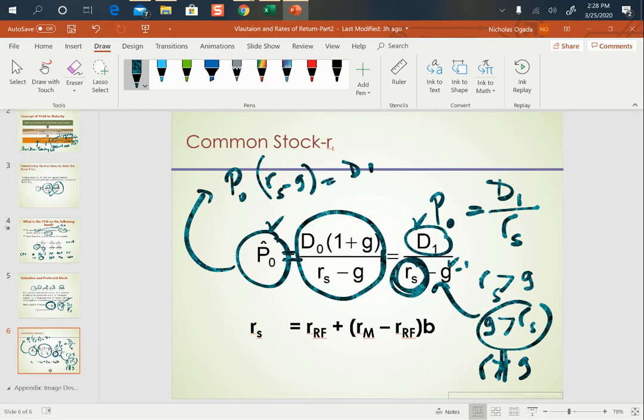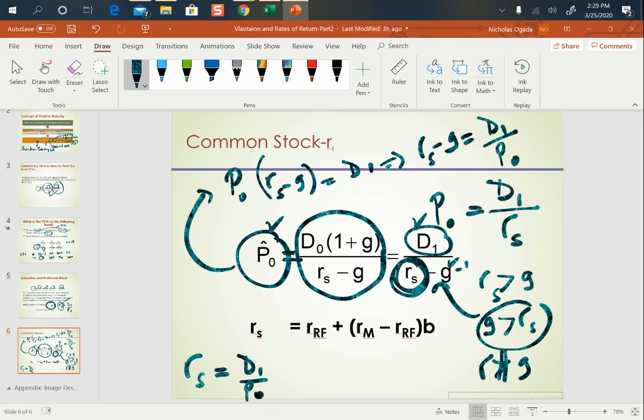And therefore this is the same thing as saying that your RS minus G is equal to your D1, the dividend paid in year 1, divided by P naught, the price. And this gives you the return on that dividend. But because the dividend has a growth rate, if there's no growth rate, then your required rate of return should be equal to your D1 divided by the current price of the stock.